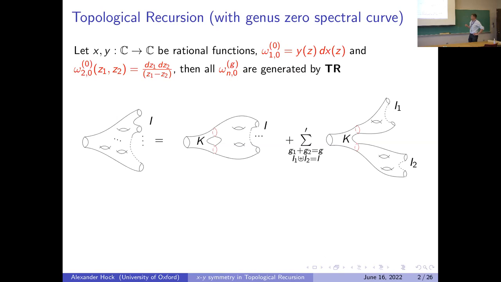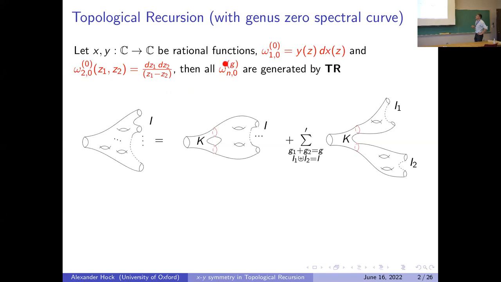And then I define omega 0, 1, 0 as being y dx, and omega 0, 2, 0 as the usual Bergman kernel, as it's called. It's for a genus zero spectral curve of this form.